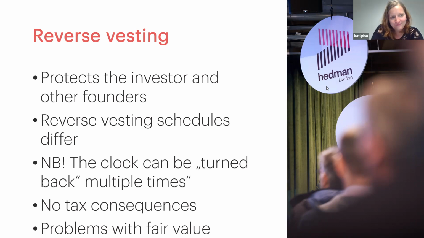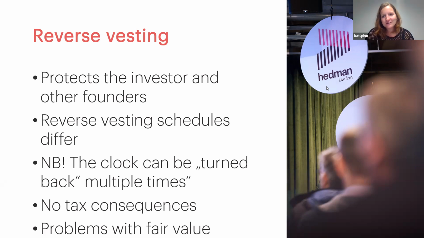You're welcome. Yeah, and Kati, one question I had, just to be clear, I understand correctly, this is a multiple times clock. Could you maybe give an example just to make it clear, because I think it's quite important. Yeah, sure. So let's say that we agree on a reverse vesting of 3 years today.